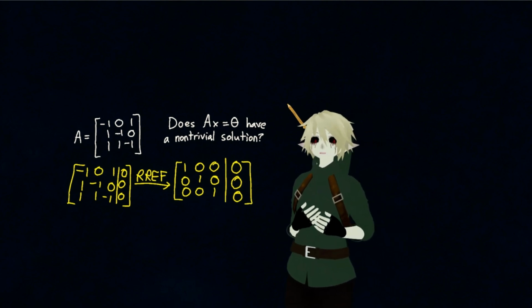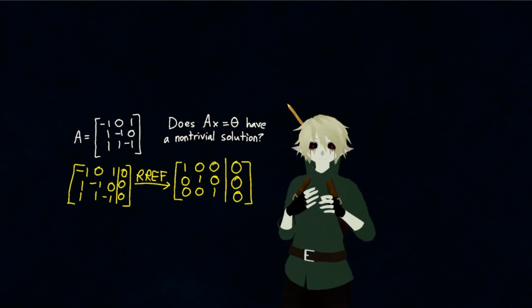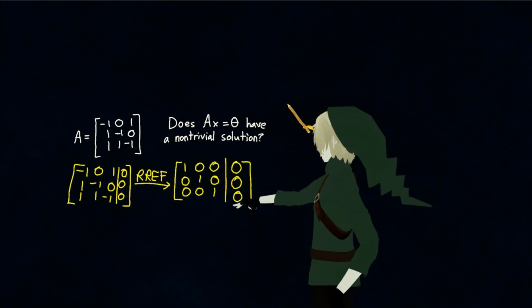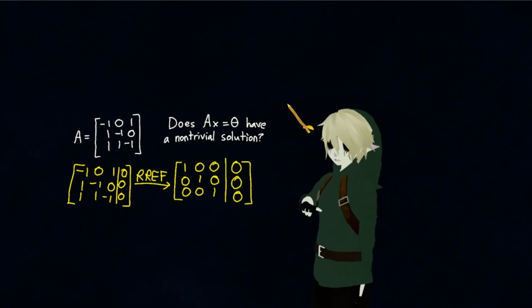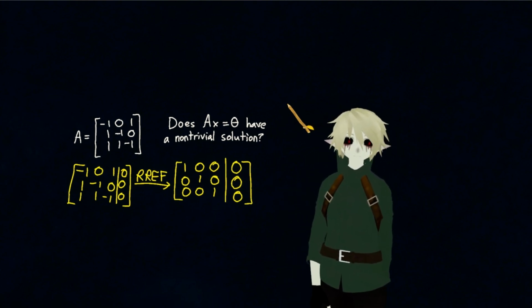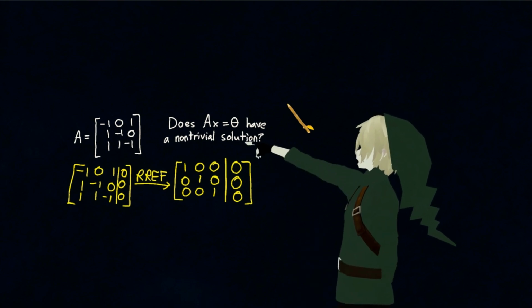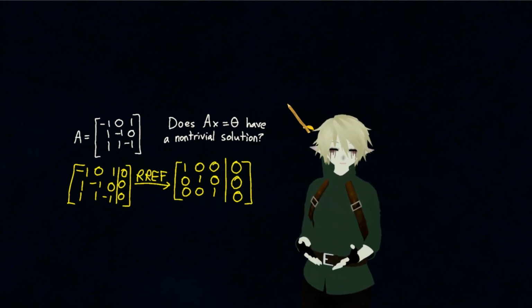But yes, so x is equal to the 0 vector, no other solutions. So that means that this matrix does not have a non-trivial solution, it only has a trivial solution. And so therefore, that square matrix A, in your class, they would call it a non-singular matrix.